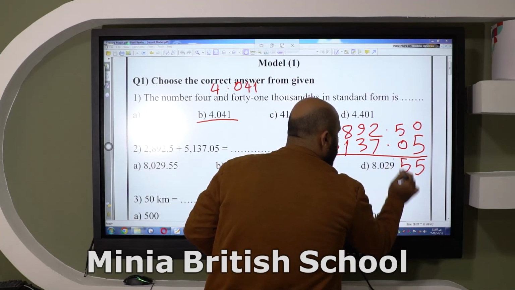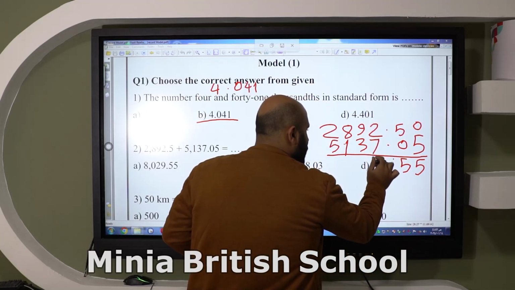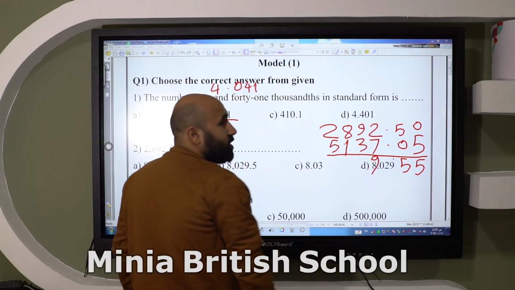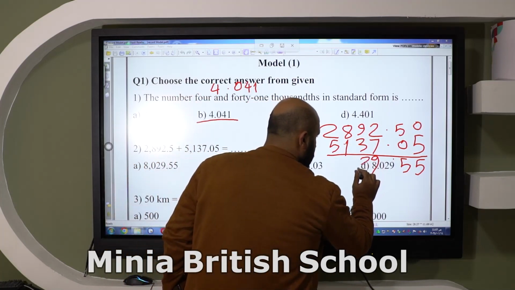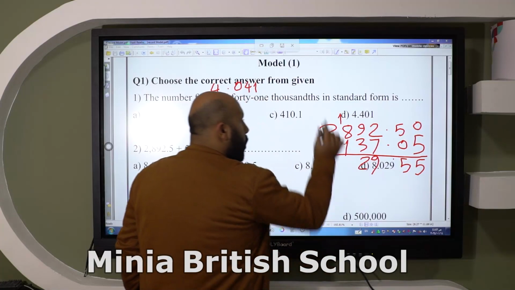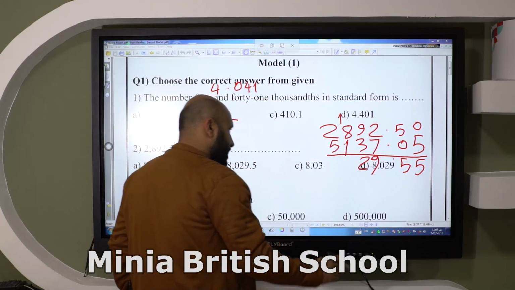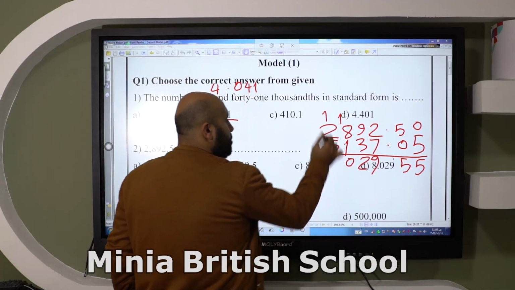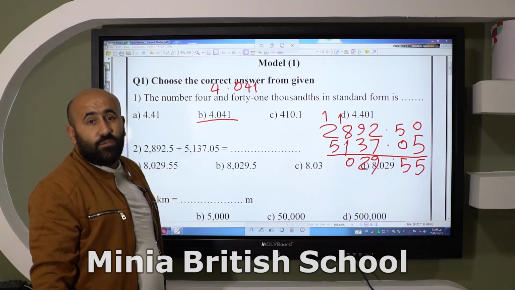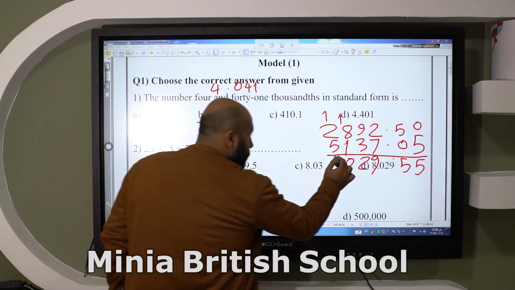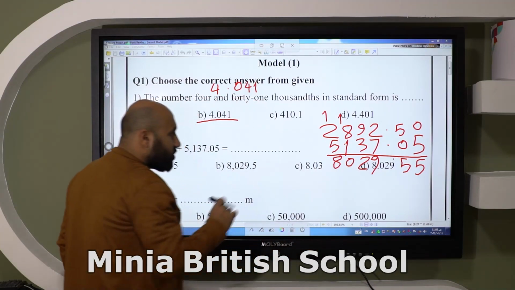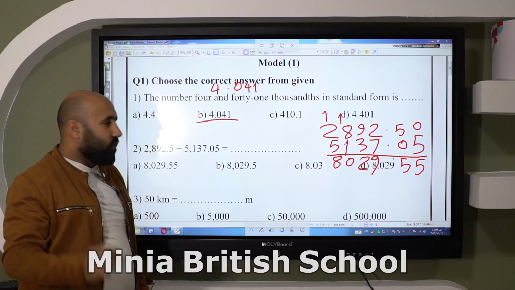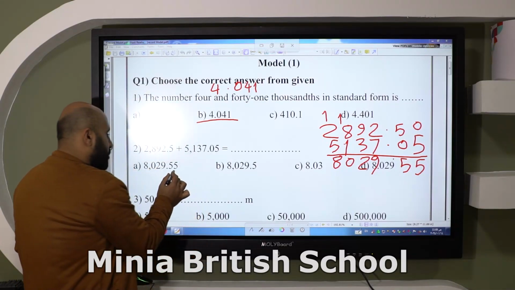Don't forget to put the point. 2 plus 7 equal 9. 9 plus 3 equal 12, 2 carry up 1. 1 plus 8 equal 9. 9 plus 1 equal 10, 0 carry up 1. 1 plus 2 equal 3. 3 plus 5 equal 8. So the final result will be 9029.55, which is number A.